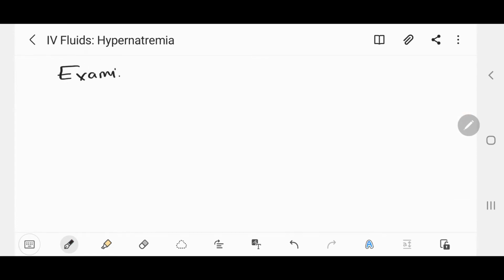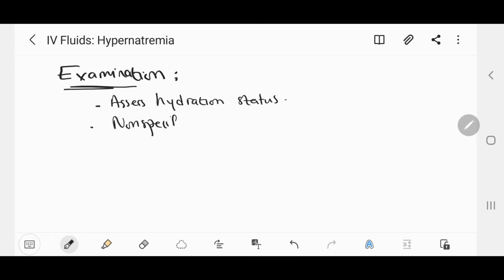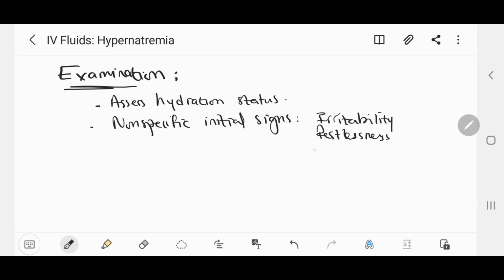Now we're moving on to examination. The first thing we do is assess hydration status. Now we look for non-specific initial signs such as irritability, restlessness, or weakness.